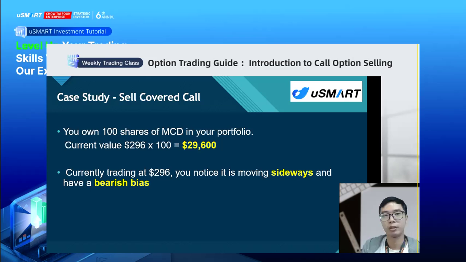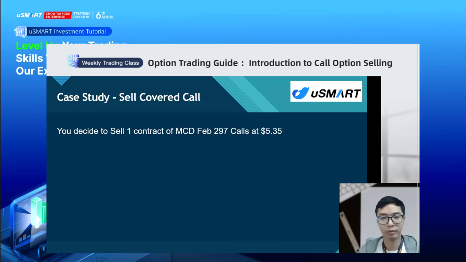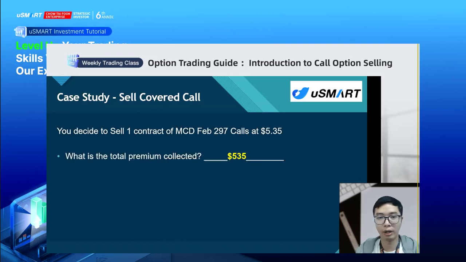So you open this covered call, buying initially at 296, 100 shares. Your technical analysis or your view is biased, and you notice that the market is going sideways. So you decide to sell one contract of McDonald's February $297 call at 5.35.